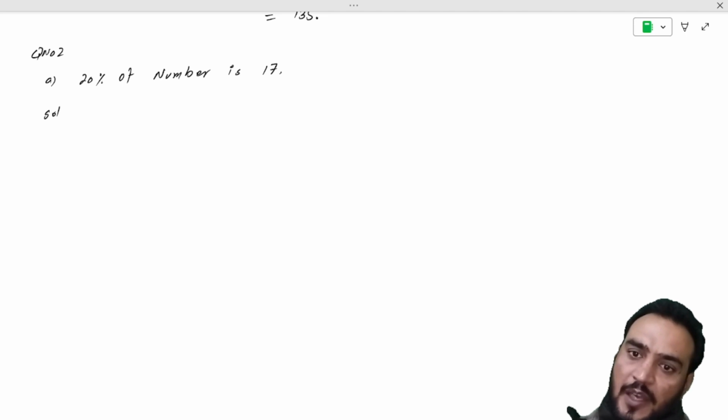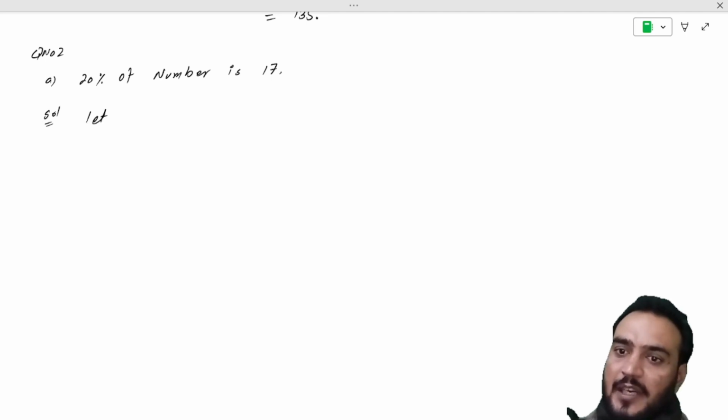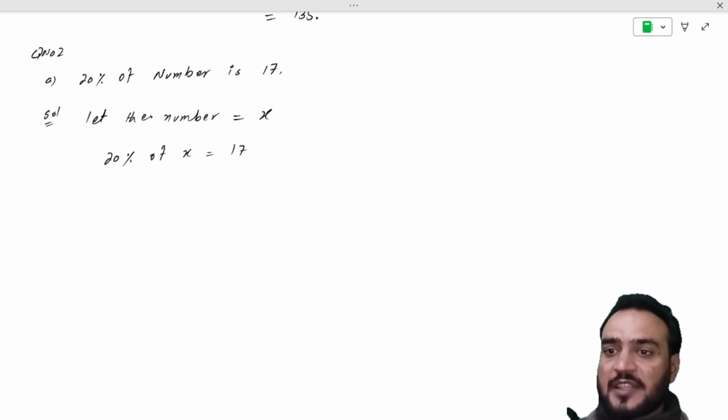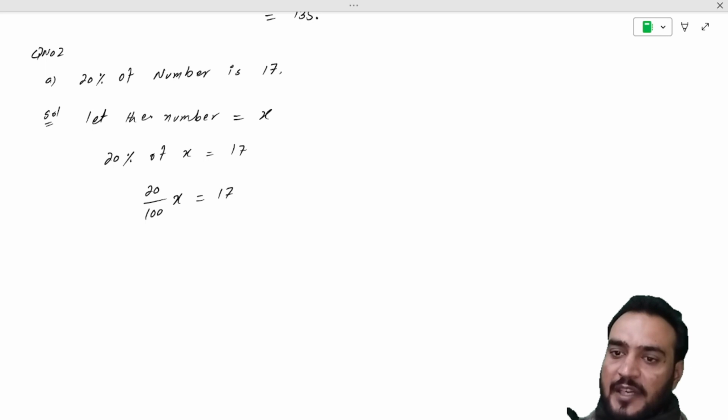So let us solve from here. Let the number be x. So 20% of x is equal to 17. We have to find that number whose 20% is 17. 20% means 20 divided by 100 times x is equal to 17.